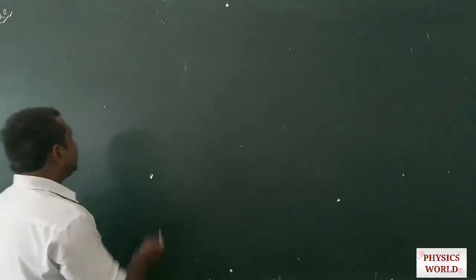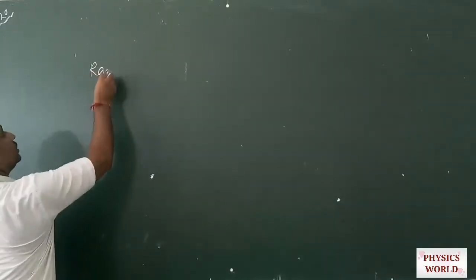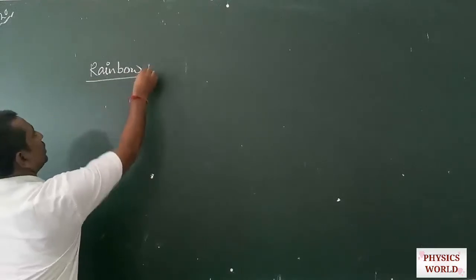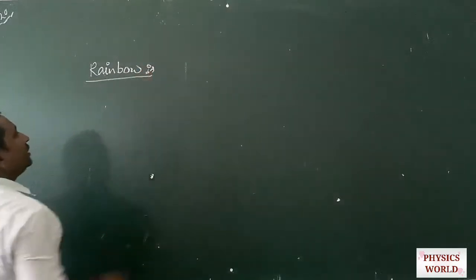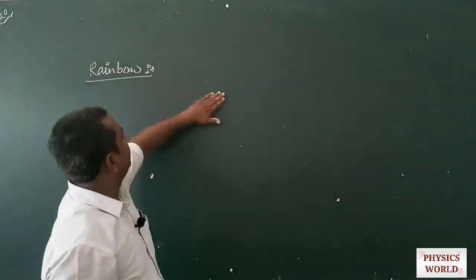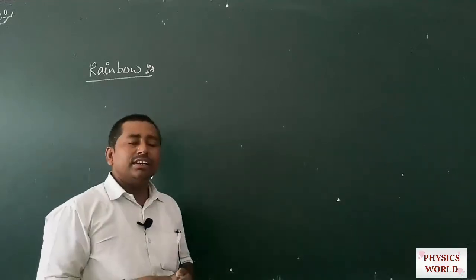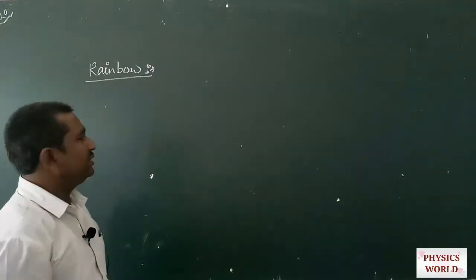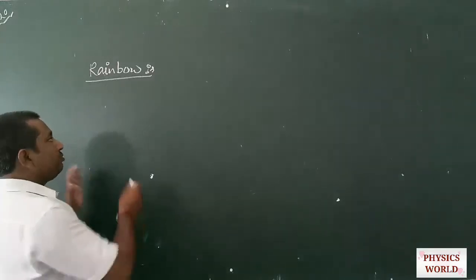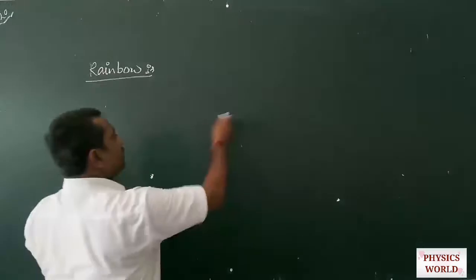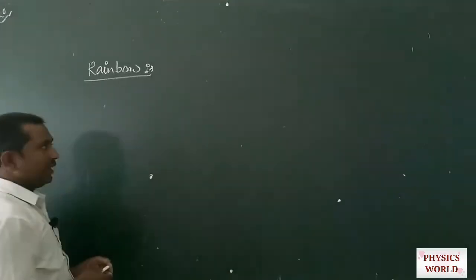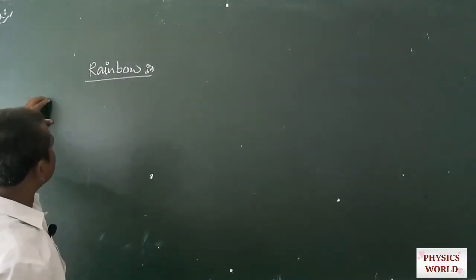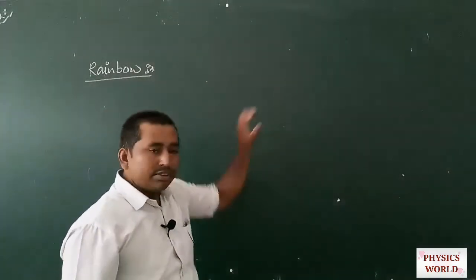So let us start our discussion about rainbow. Rainbow is a very colorful sign which appears in the rainy season or in the summer and cloudy season when light falls on the droplets of the cloud collected in a part, and light coming from the sun is incident on these droplets.